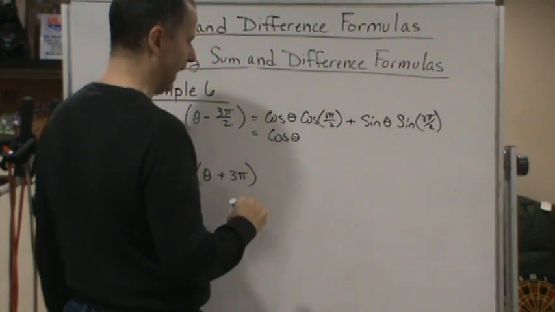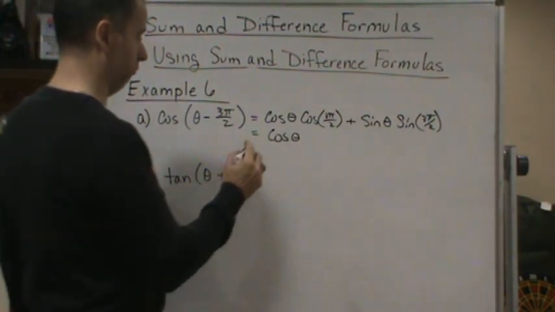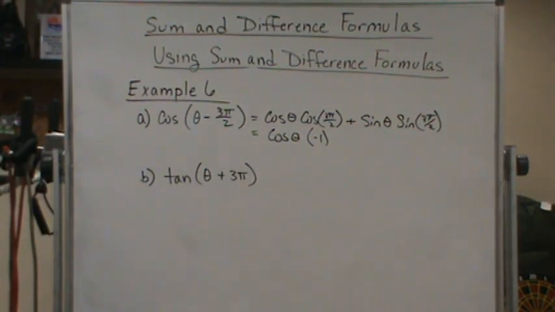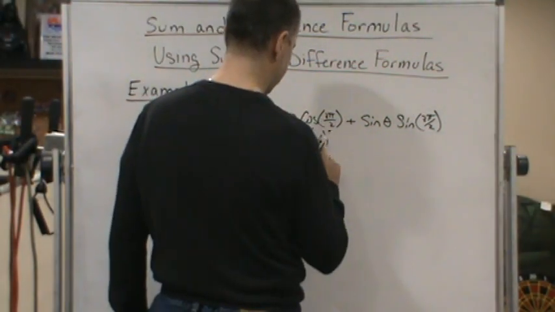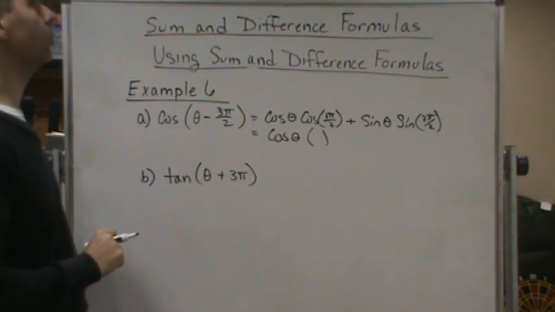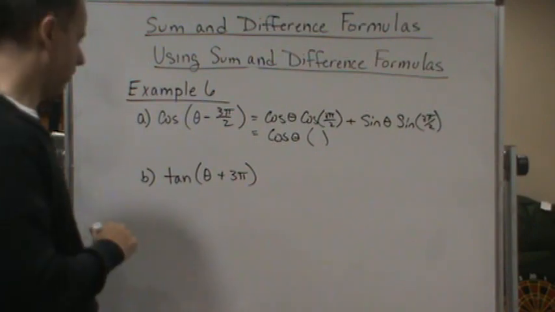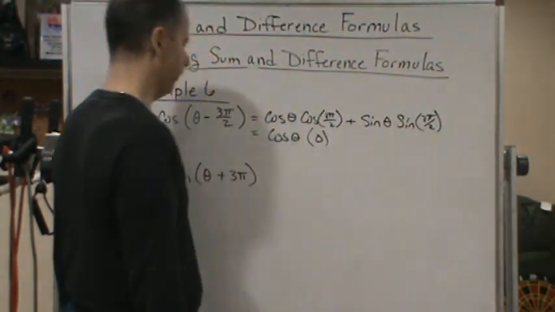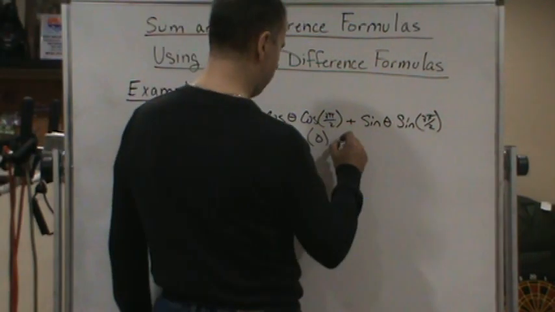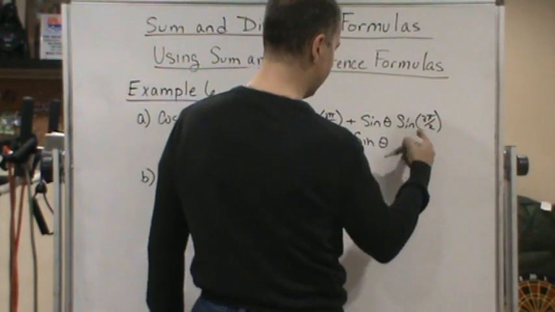So cosine here is going to be... cosine of 3 pi over 2 is 0, not 1, not -1. I'm thinking sine. So plus sine theta, and here this is -1.